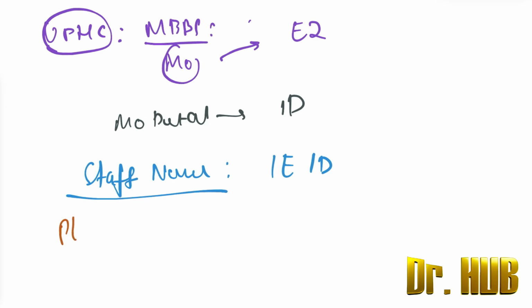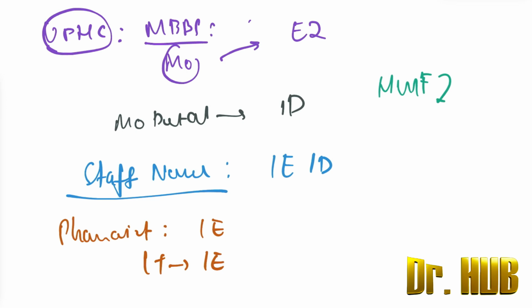The pharmacist will be 1E. The lab technician will be 1E. The health worker female will be 5E.